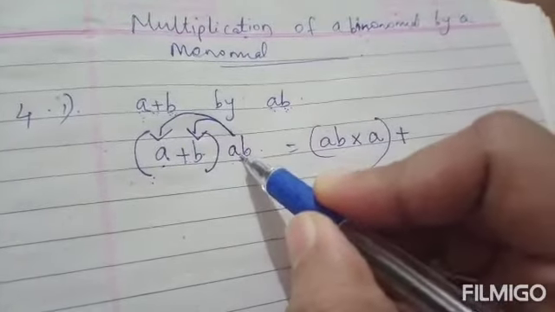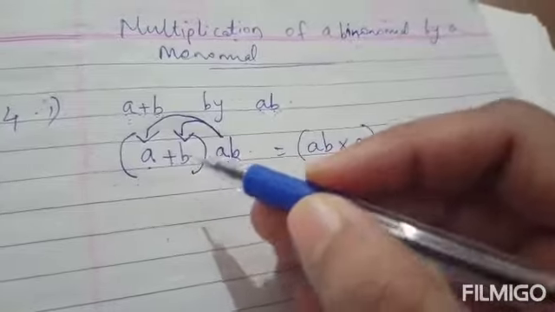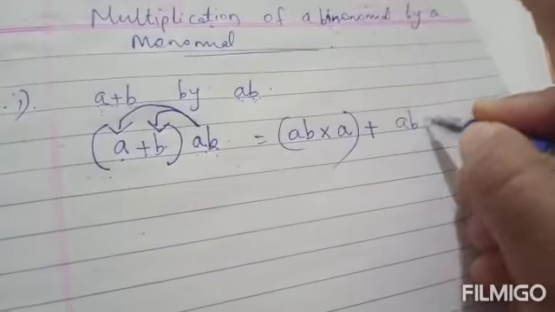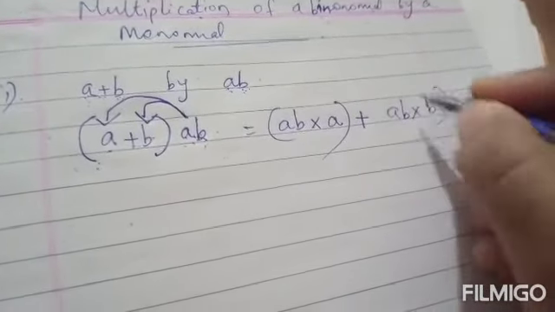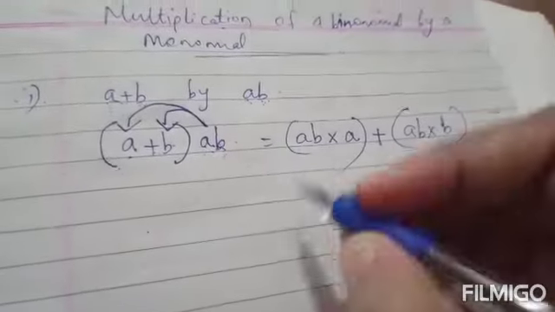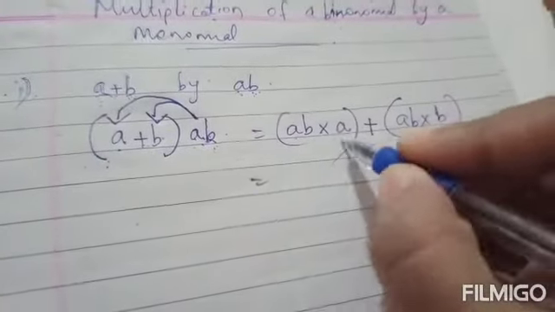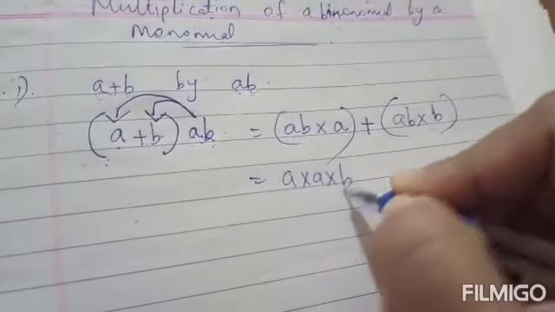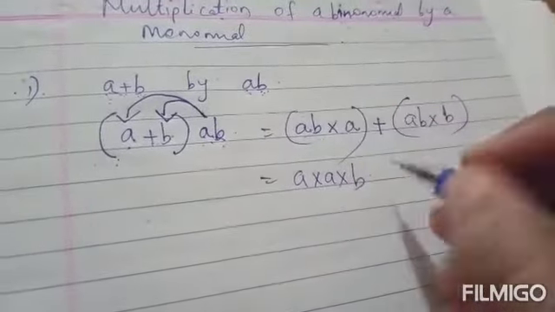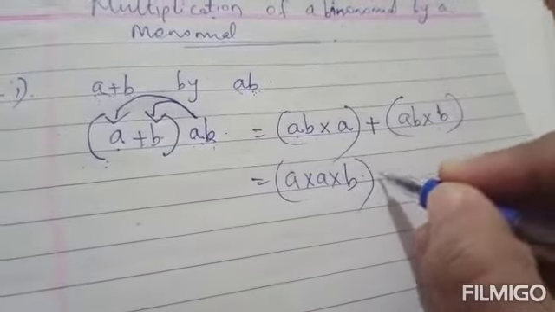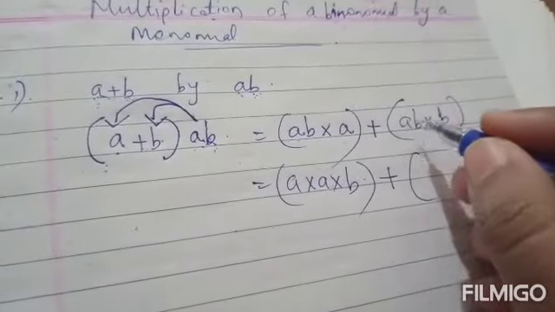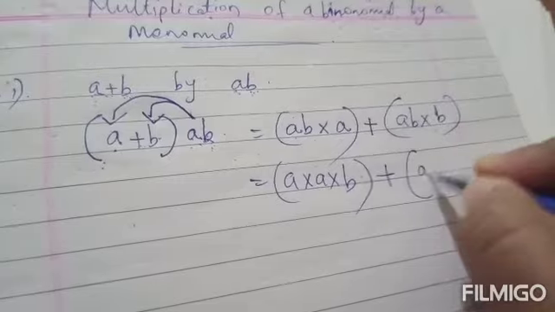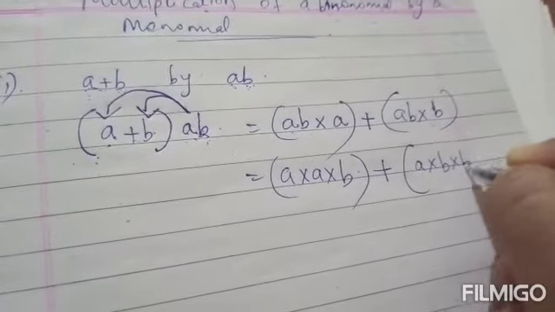Next, AB is multiplied with the second term. So AB into B. Now we know AB into A means A into B, 2 times A and 1 time B. Plus AB into B, that is A into B into B.